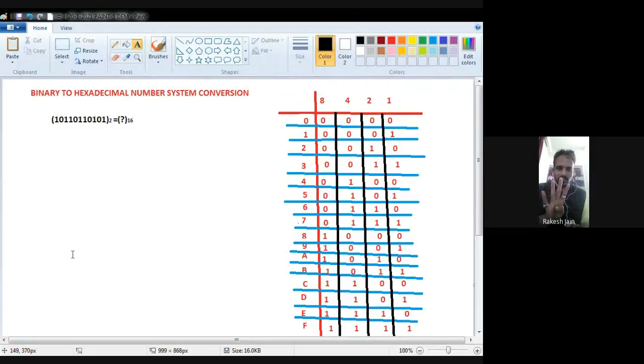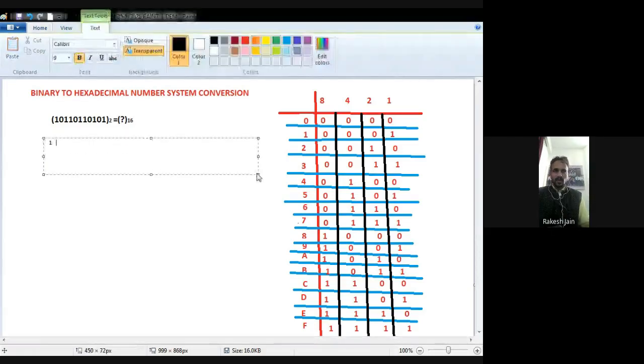If the leftmost group has fewer than 4 bits, then consider the remaining bits as 0.